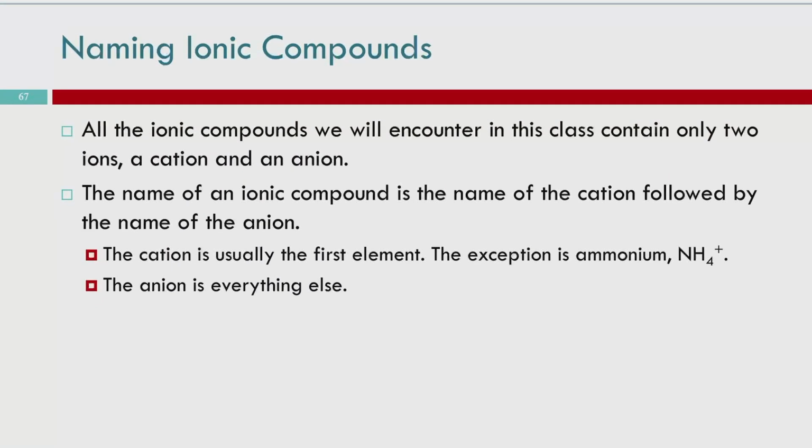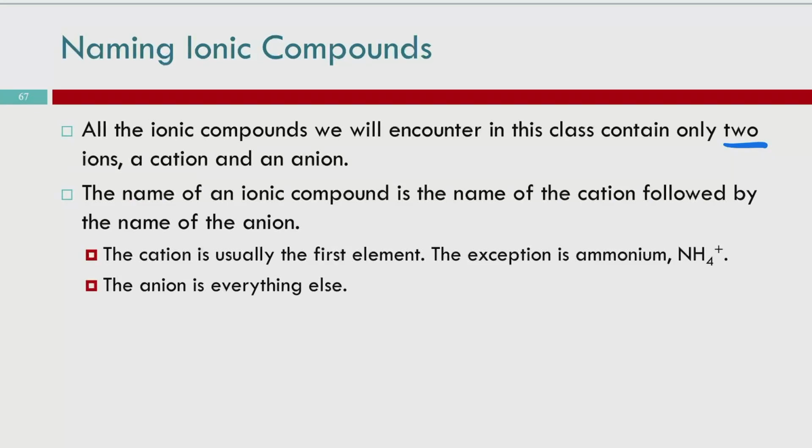Okay, so again, we're learning a simplified version, and we'll probably just have time for the ionic parts. So ionic compounds in this class, 2 ions. We've got a positively charged ion, a negatively charged ion. The real world is more messy. You can have multiple cations, multiple anions, you can have mixes. We're ignoring that. We're pretending it doesn't exist.